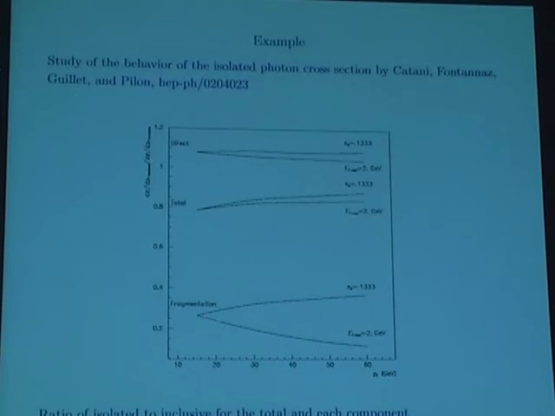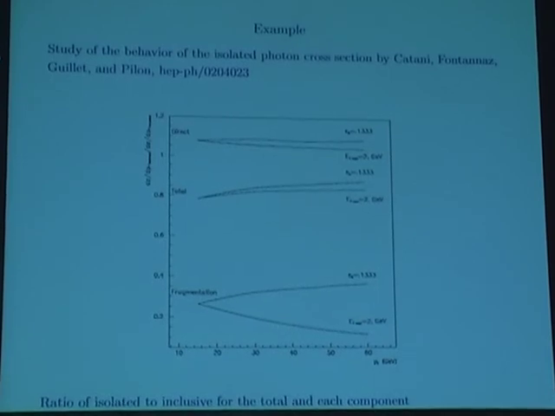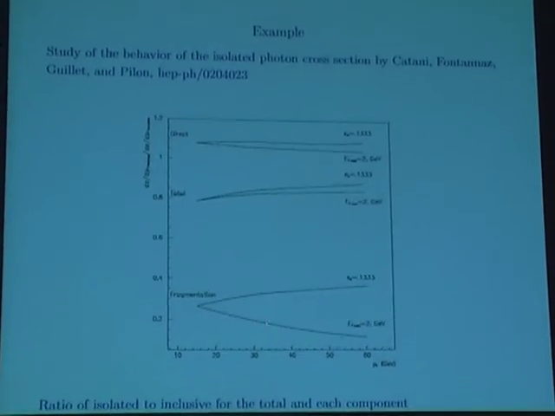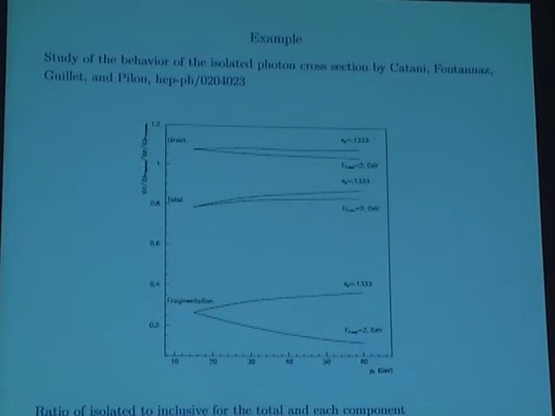This is the fragmentation component with a PT cut of 2 GeV relative to the inclusive case. And you see that the fragmentation component is reduced as you go up in PT. Here's the total cross-section, and you see that it's running at about 80% of the fully inclusive cross-section.